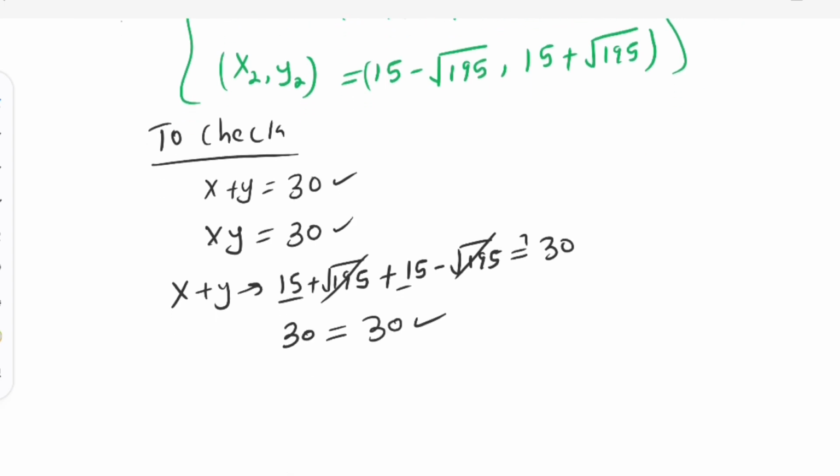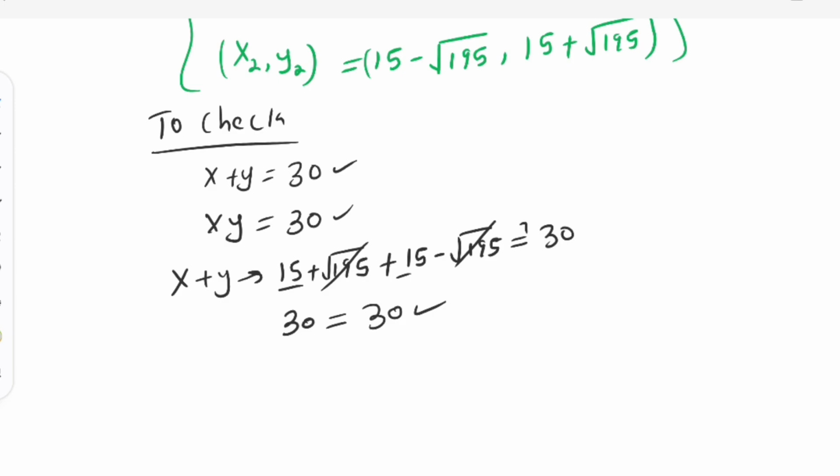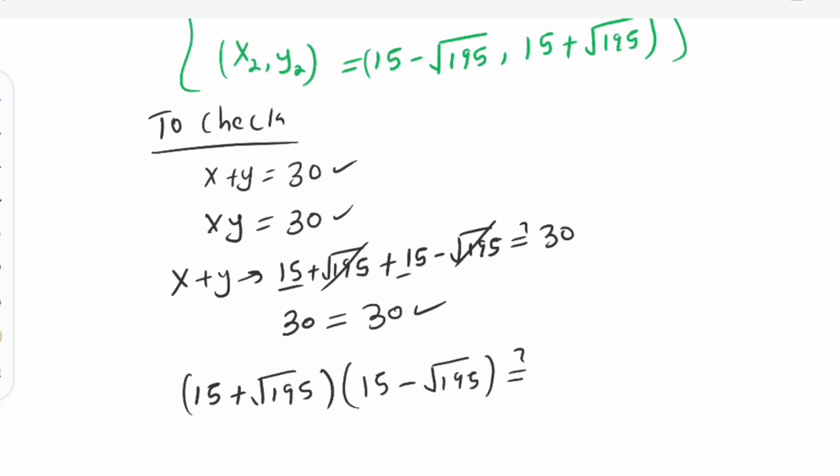Now let's consider this. 15 plus root 195 multiplied by 15 minus root 195 must be equal to 30.